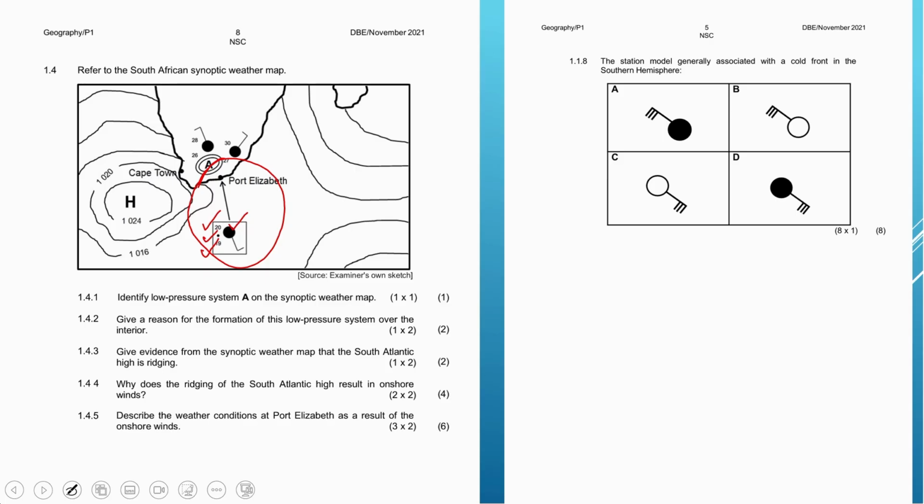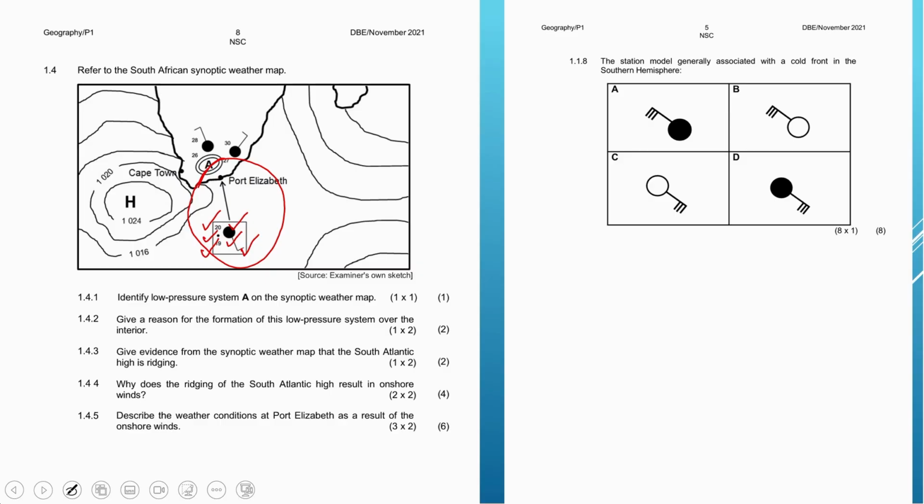Cloud cover. Wind direction. Lastly, the wind speed. So all this information is very, very important. Yes, the examiner might not need all of it, but make sure you know everything. Maybe that will give you 3 marks, 4 marks, possibly 2 marks. Please don't feel bad about it. 2 marks is also good to go.